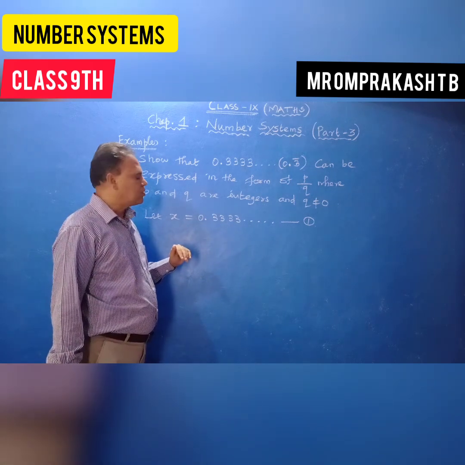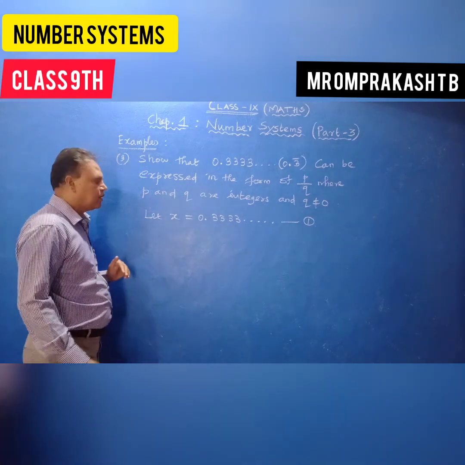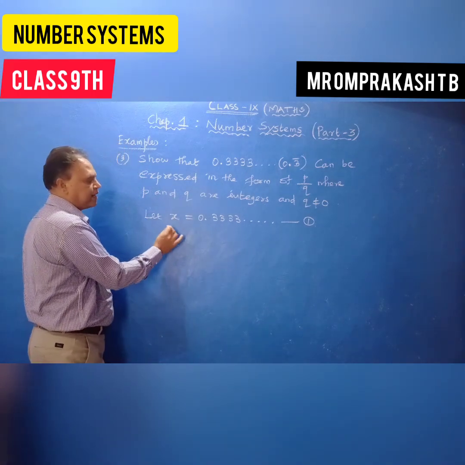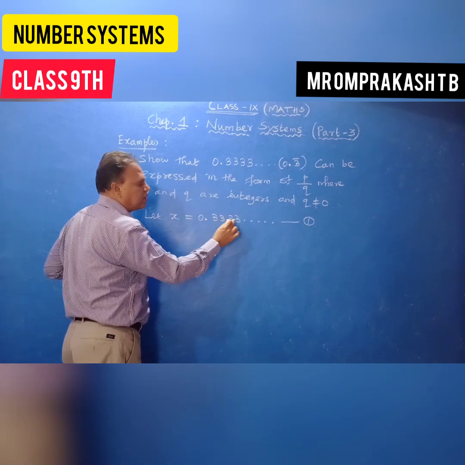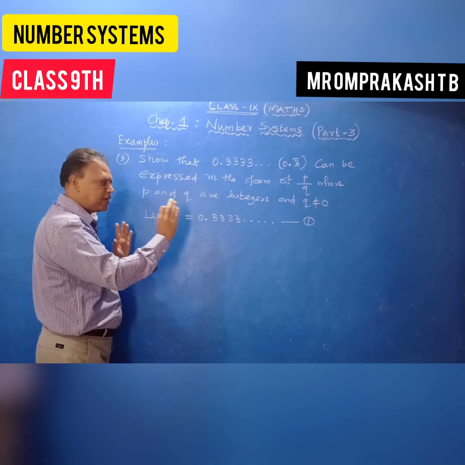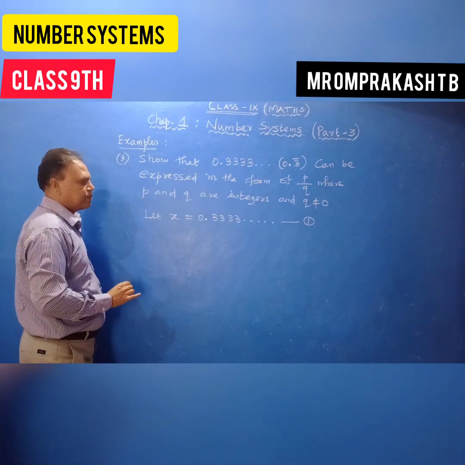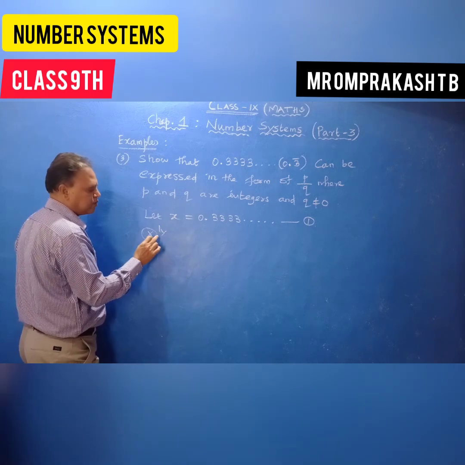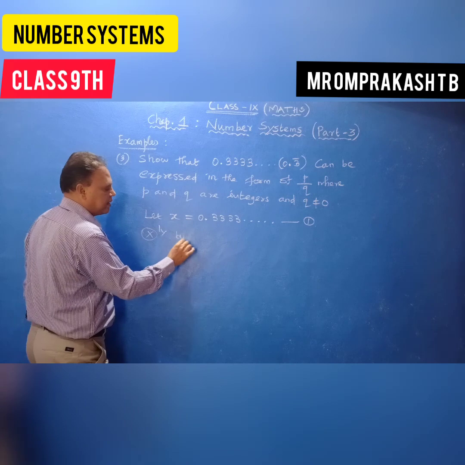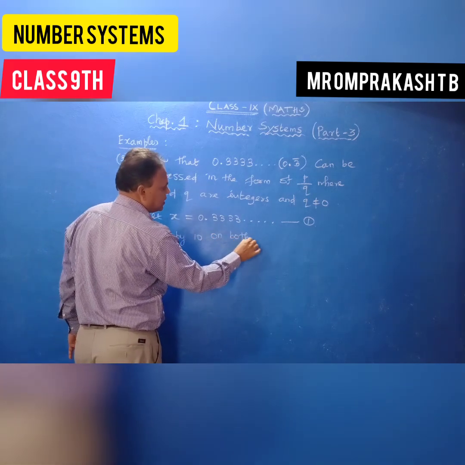So for that what you can do, multiply by 10. Okay, you have to move one decimal, so 3.33, same decimal part will not change. Same thing you will get, so that easily we can subtract. That's why, if you put like this, multiply by 10 on both sides.